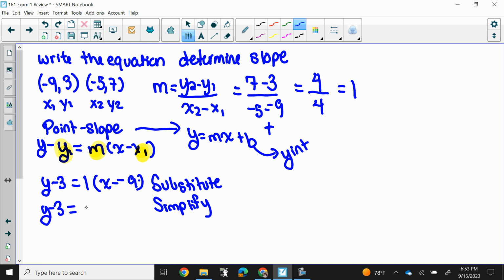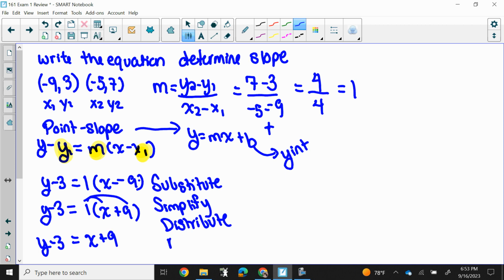Y minus 3 is equal to 1 times x plus 9. Then I distribute. Now, obviously, if this wasn't 1, it'd be a different number, but that's okay. So I have y minus 3. I'm distributing this number into here. Well, 1 times anything is just that number. So that's x plus 9.